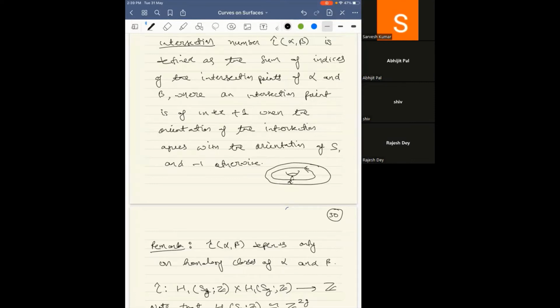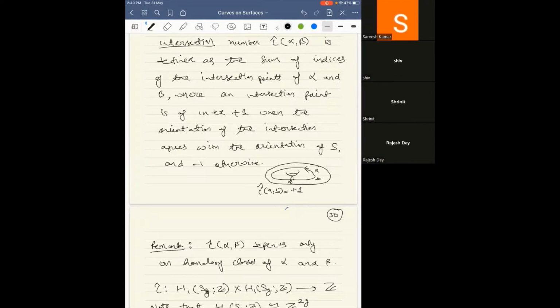Let's say this is A, B. So maybe I can define this to be +1, let's say left to right. So you can just choose any orientation and define this notion of algebraic intersection number. That's it.